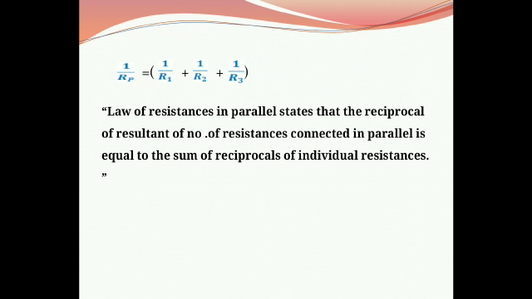From this equation, we state the law of resistances in parallel: the reciprocal of the resultant of a number of resistances connected in parallel is equal to the sum of the reciprocals of the individual resistances. Here Rp is the equivalent resistance of the parallel combination.